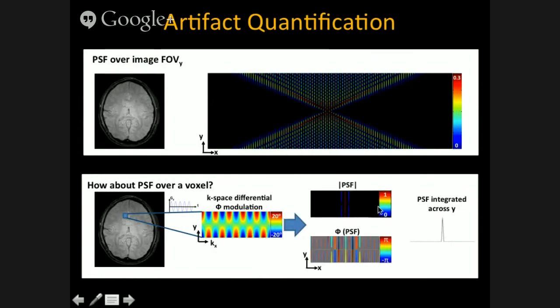And in image space, we see that there's also a point spread function which has 5 to 10% side lobes relative to the main lobe. And these are in fact out of phase. So if we were to integrate across the whole voxel, we see that these side lobes are very small, 0.5%. So playing these wave gradients does not introduce any blurring or voxel tilting.